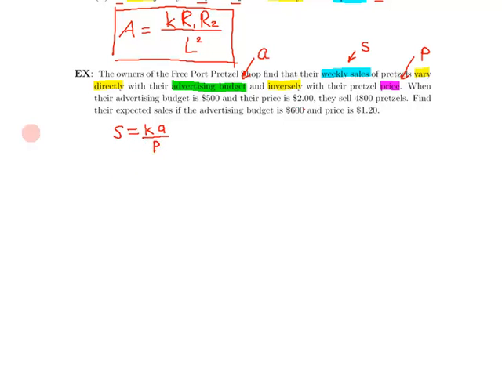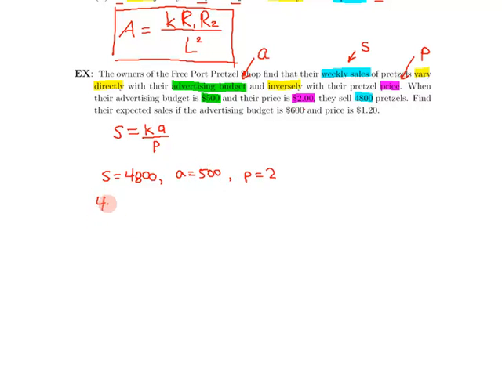Now what test case do we have? We have that their advertising budget of $500 and their price of $2 gives me 4,800 pretzels. So advertising budget's $500, their price is $2. Okay, so test case, we have S is 4,800, advertising budget's 500, price is 2.